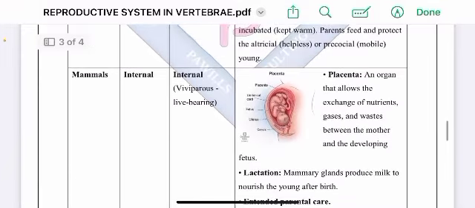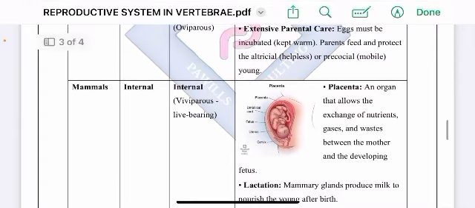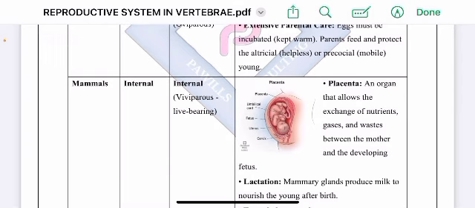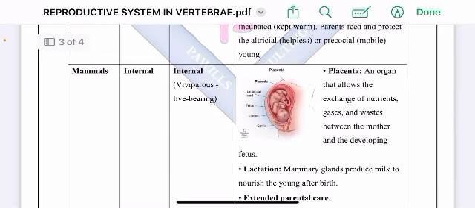Now for mammals, fertilization is internal. And development is also internal. Now, for this development to be internal, it is called viviparous, meaning that development is internal.